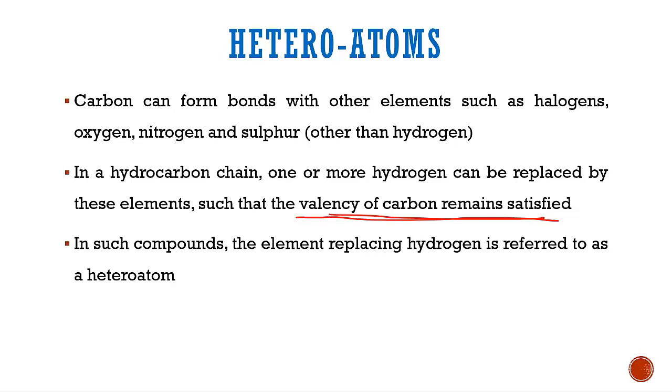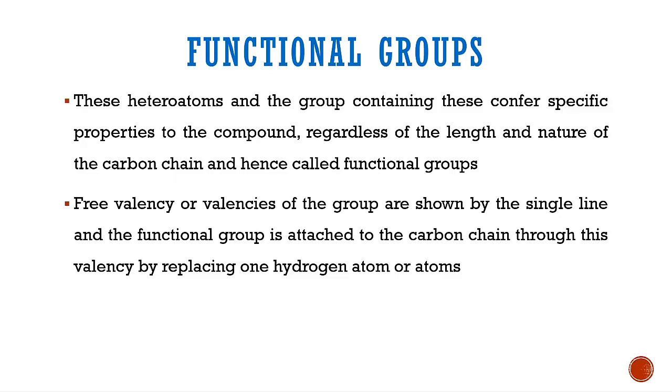Now that we have understood what heteroatoms are, let's see functional groups. So the group containing the heteroatom confers specific properties to the compound regardless of the length and nature of the carbon chain, and hence is called a functional group. Basically, they confer specific properties. What do you mean by a specific property?